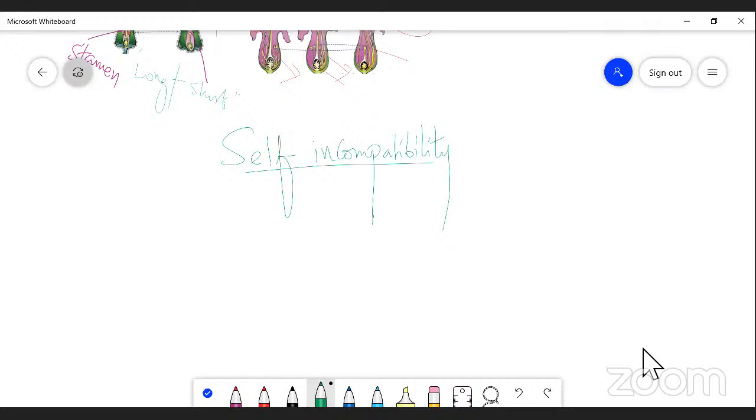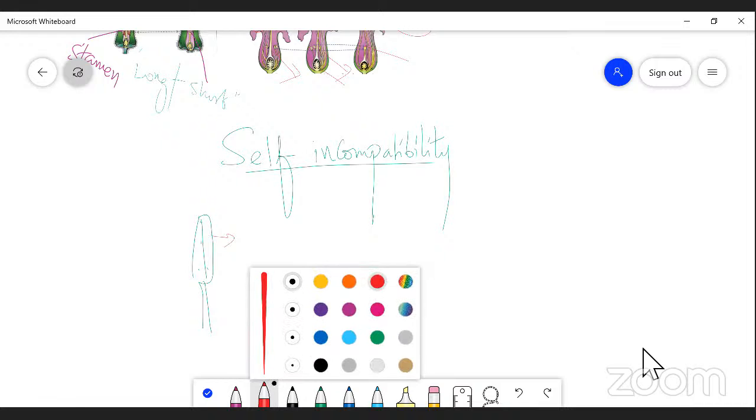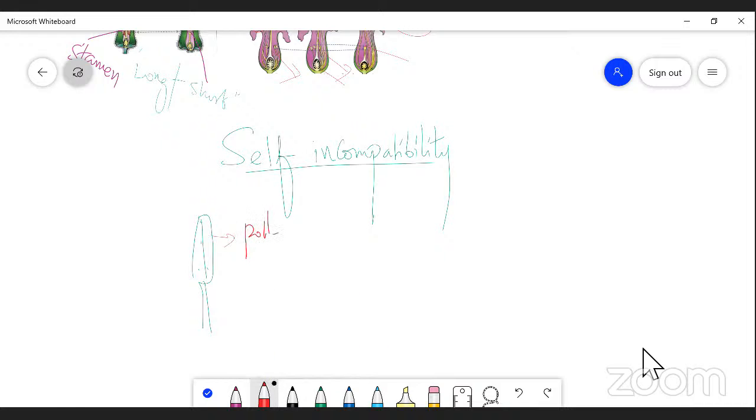So simply the plant releases pollen grains. This is a structure of androecium that you can see in the flower, right? If it produces pollen grains, and the pollen grains are unable to germinate, such a condition is said to be self-sterility or self-incompatibility, I can say.